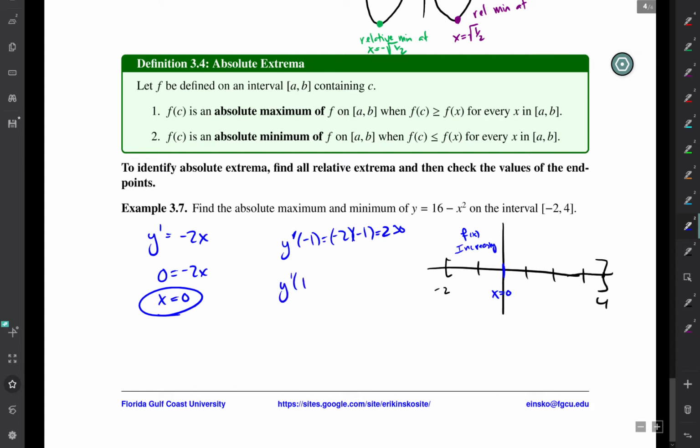And if you plug in a number to the right of 0, you get -2 times 1, so -2 is less than 0, so the function is decreasing over here.